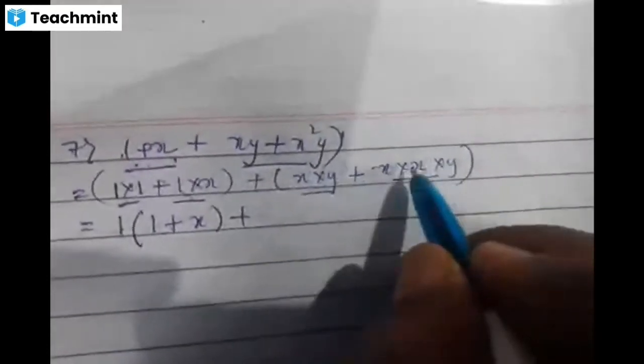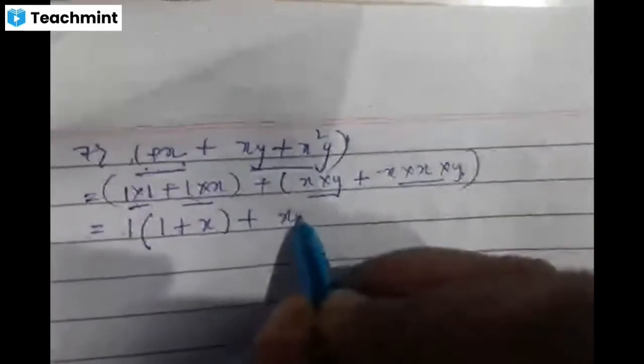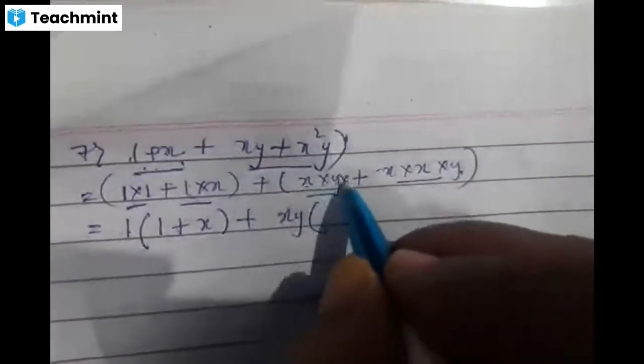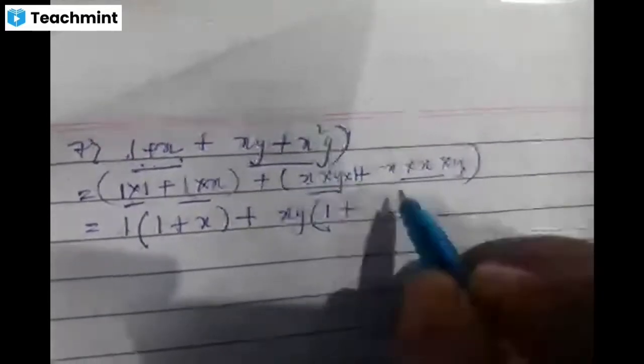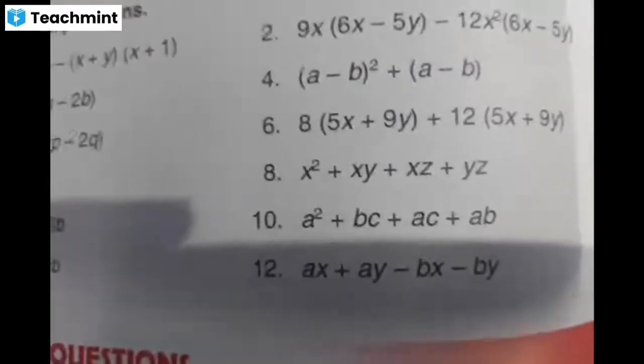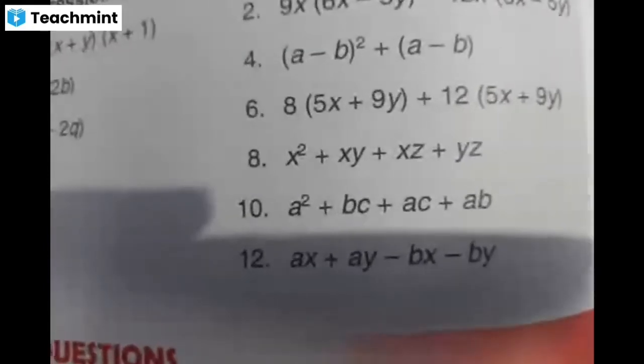X and xy, so xy take it outside. If nothing is left, what will be there? Always 1. 1 plus xy is taken outside. So 1 x is left. Now you can observe 1 plus x is common again. Therefore, 1 plus x into 1 plus xy. So in this way, we factorize the given algebraic expression when the binomial is a common factor.